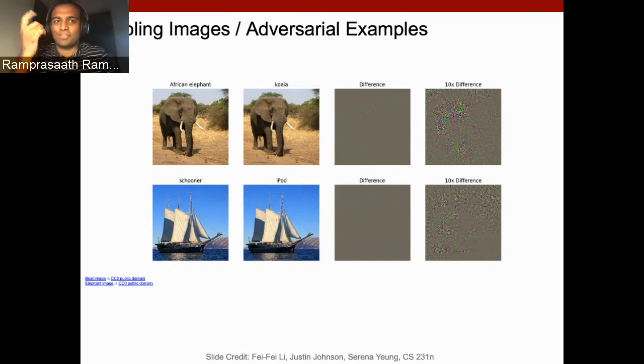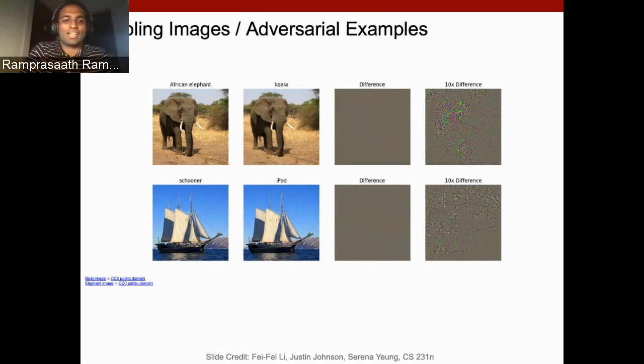This has led to a lot of research in adversarial machine learning, and this is clearly problematic. Imagine an autonomous driving car. You can place some kind of stickers on, say, stop signs that will make the car think that it's a 65 miles per hour highway.